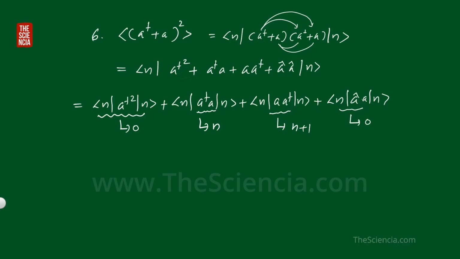When the annihilation operator operates on this state, first it becomes n minus 1, then the second one will operate, so the state will be n minus 2. So ⟨n| and |n minus 2⟩ are different, so this is equal to 0. So we got the value: expectation value of (a† + a) whole square is equal to 2n plus 1.